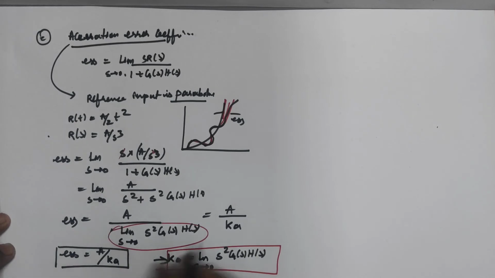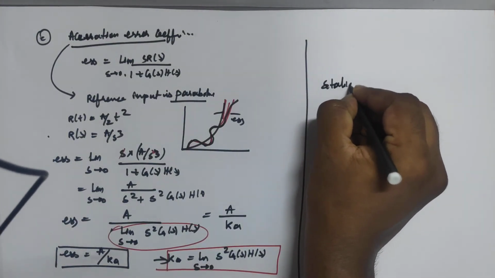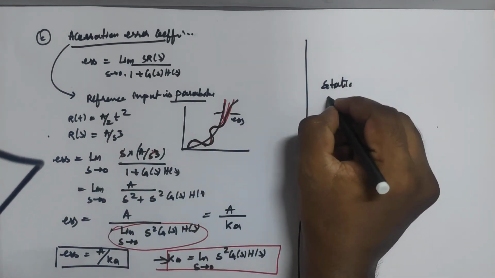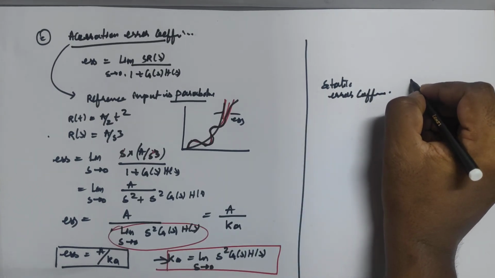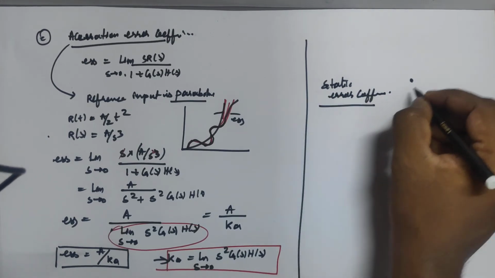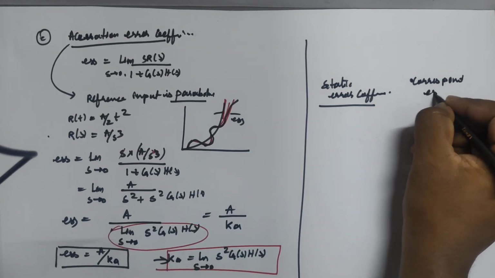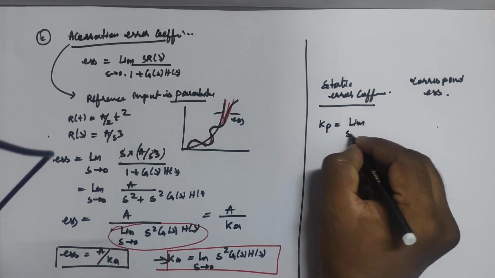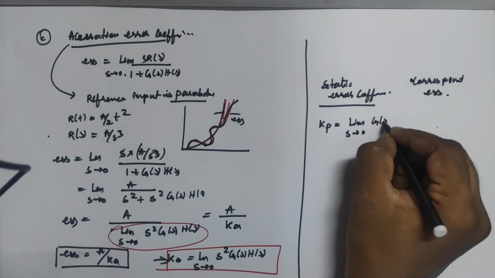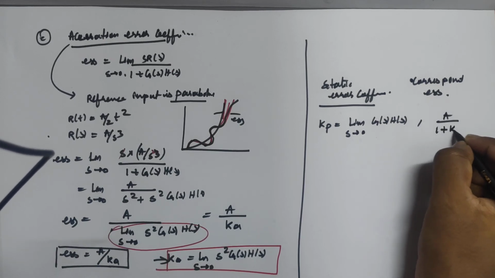I'll summarize here. These are the static error coefficients we need to know, and these are the derivations for the static error coefficients which I have now dealt with, and the corresponding steady state errors. kp means the position error coefficient, designated as limit s tends to 0 of g of s h of s, and the steady state error is a by 1 plus kp.